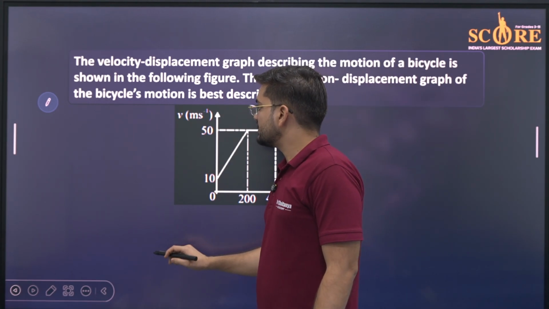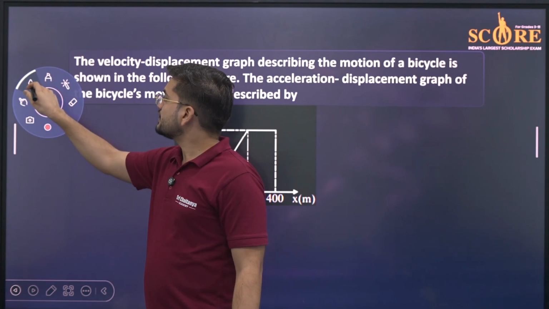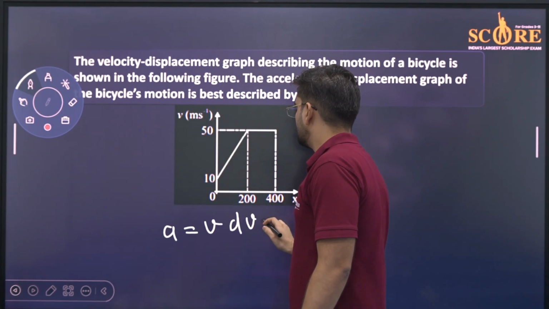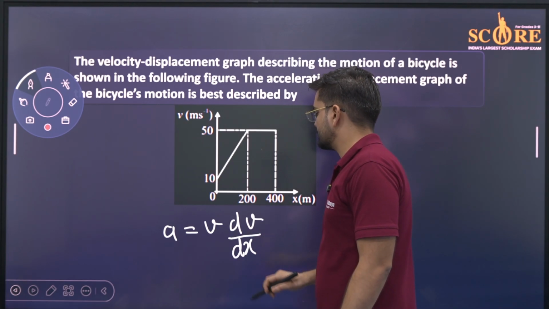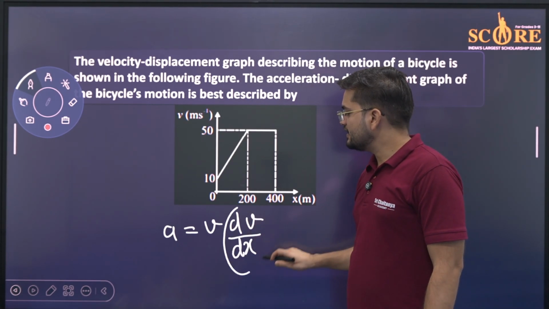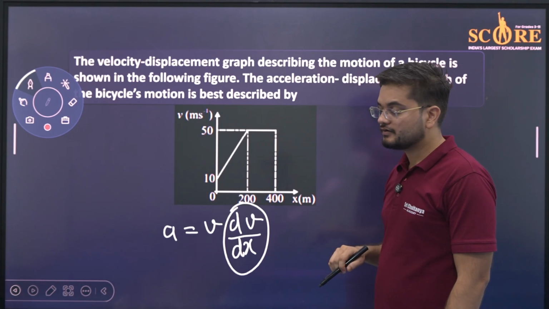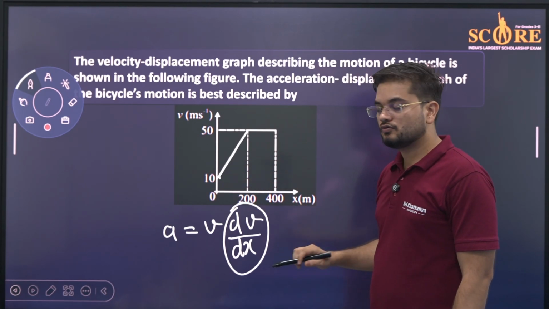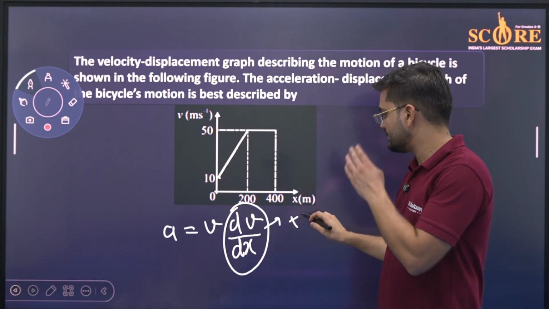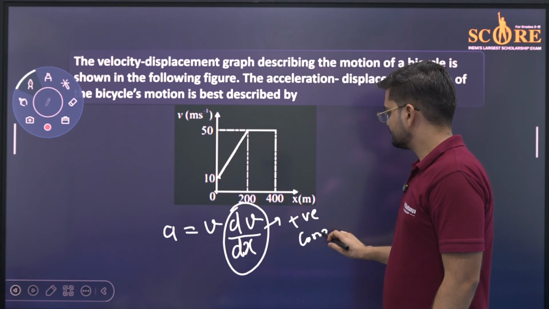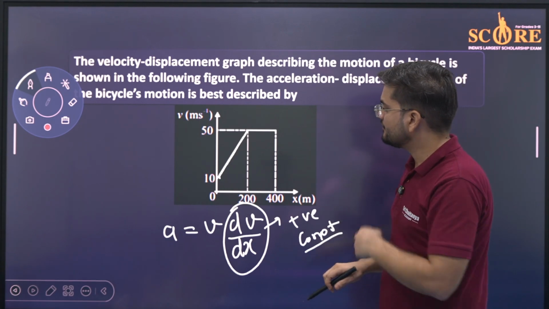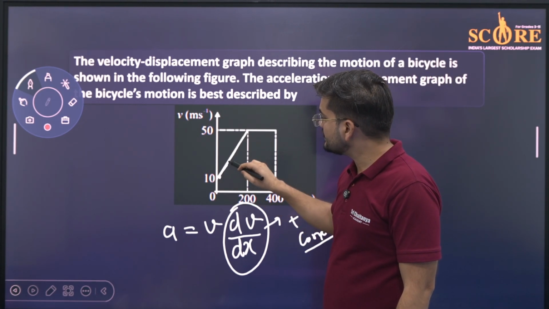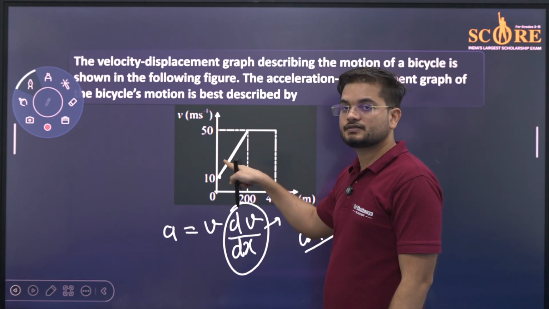So what is the acceleration? Acceleration is v dv by dx. dv by dx is the slope of the vx curve. The slope of the vx curve from x equal to 0 to 200 is a positive constant, and v is increasing linearly with x.